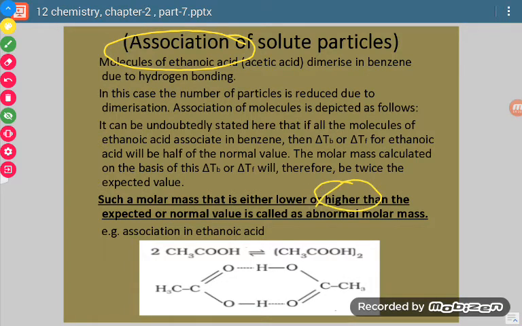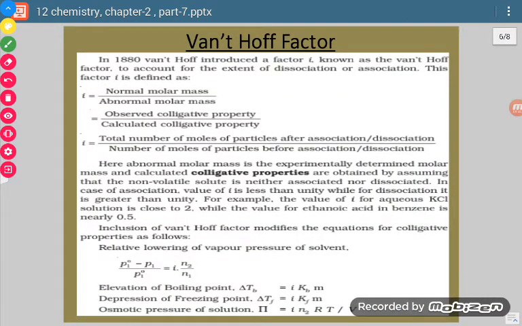Okay. So these values which are either higher or lower than the expected values are known as abnormal molecular masses. Okay. Now how to counter these abnormal molecular masses?